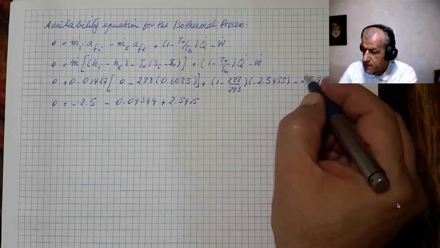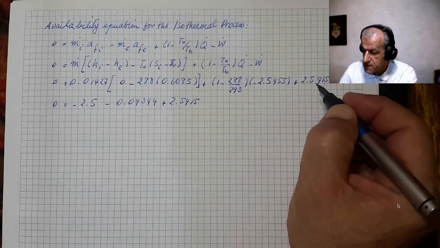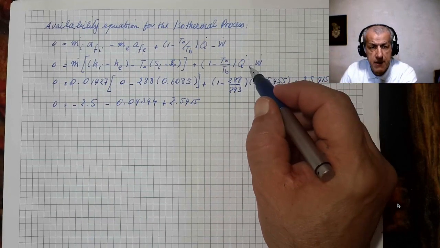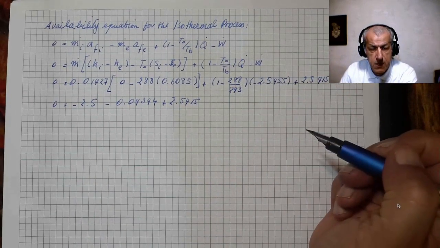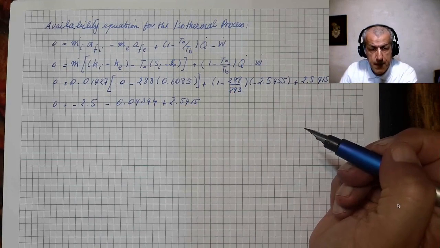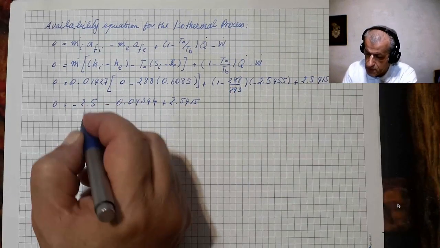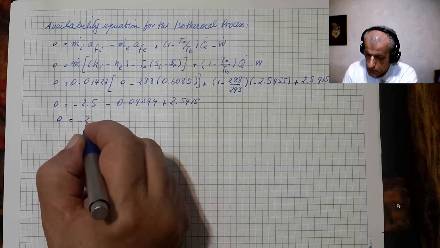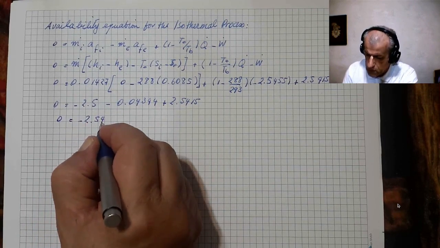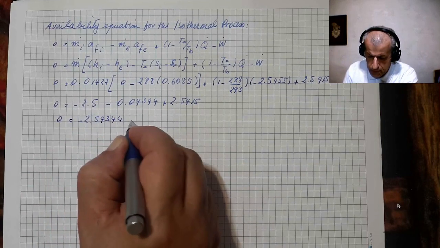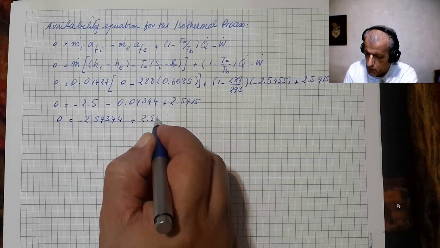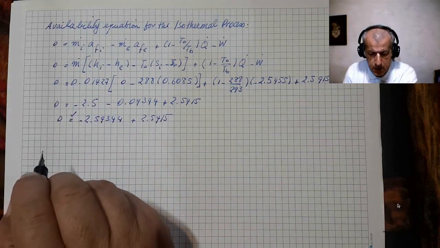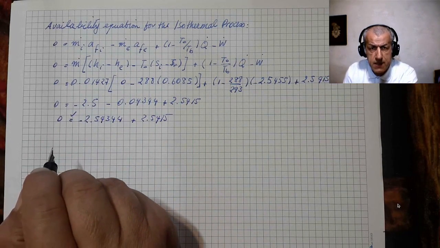And the sign here should also be positive, since work is done, it's negative, and is multiplied by this minus, and it would be also positive, and the outcome is 0 equals minus 2.54344 and plus 2.5415, which is almost equal, and the equality checks.